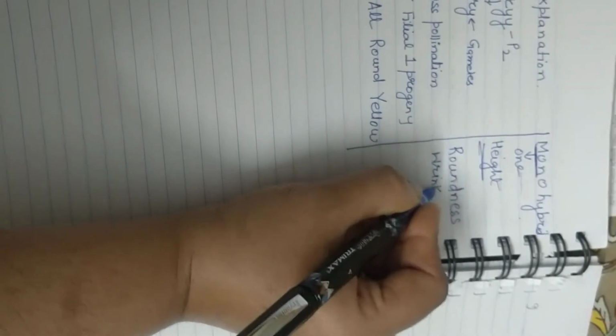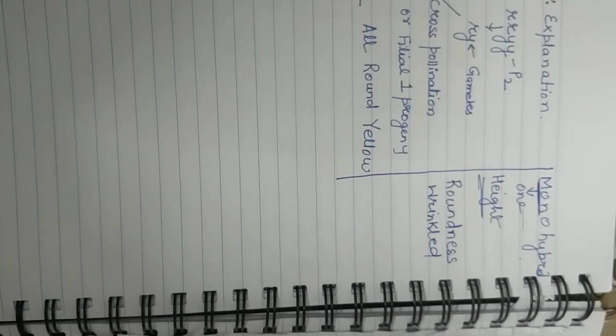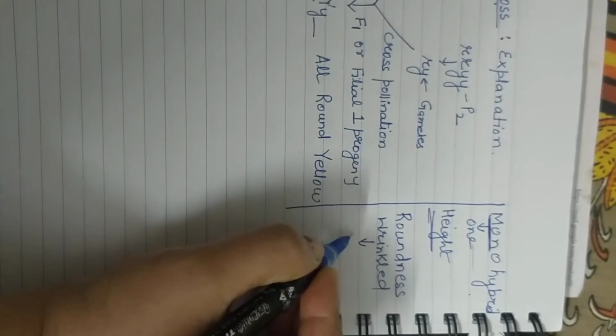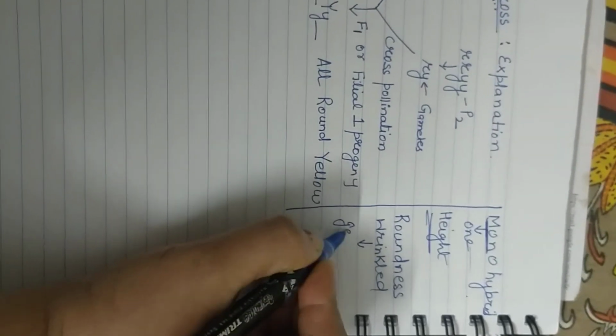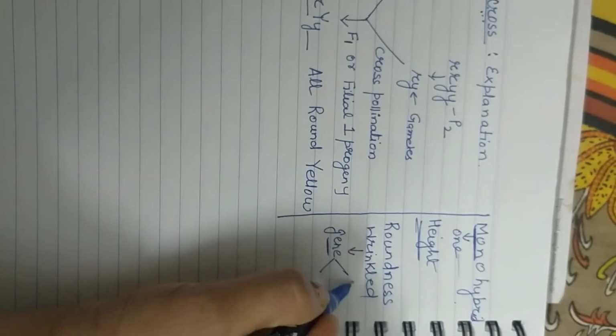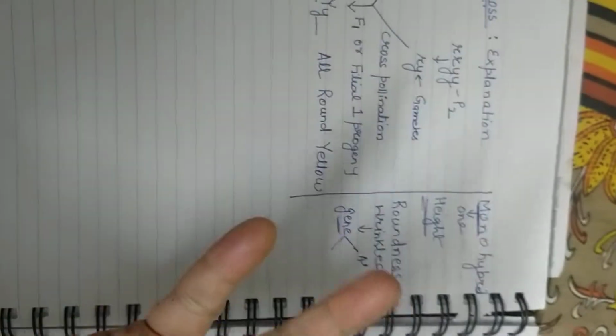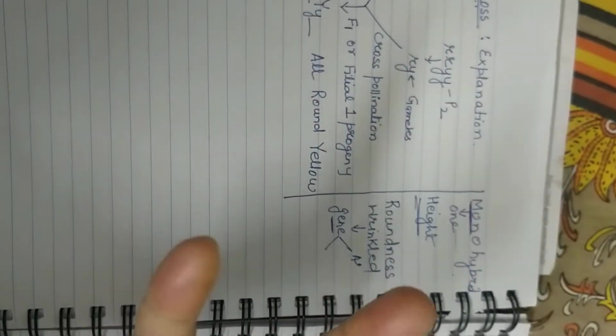Children, you know that each character is governed by a gene, and each gene has two alleles. What are alleles? You can say forms. These are the forms of the gene.